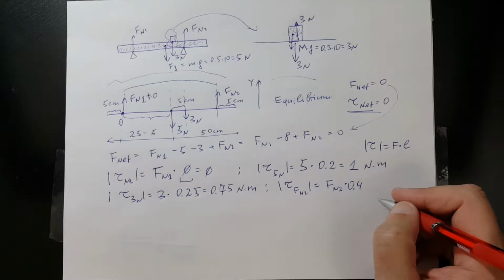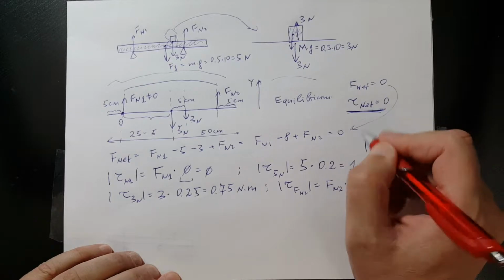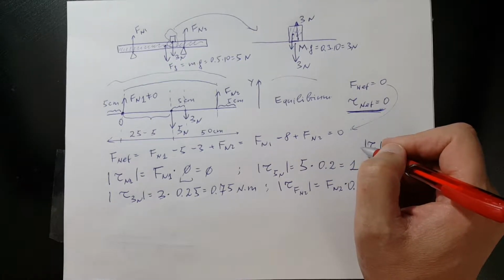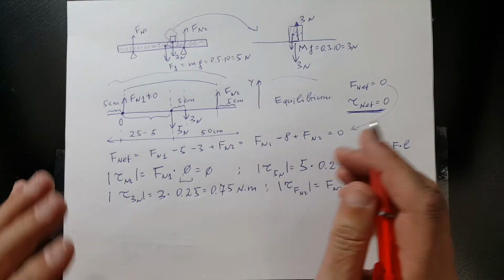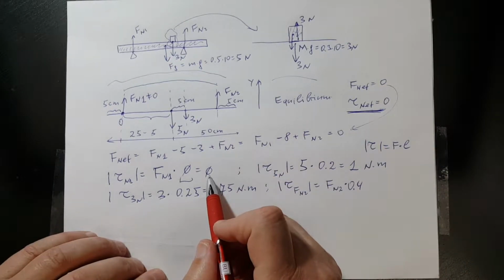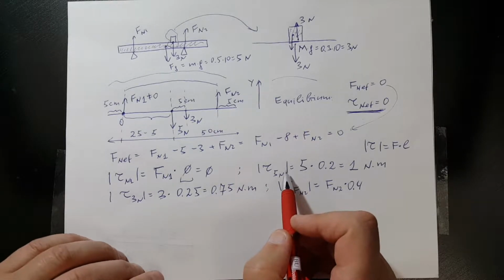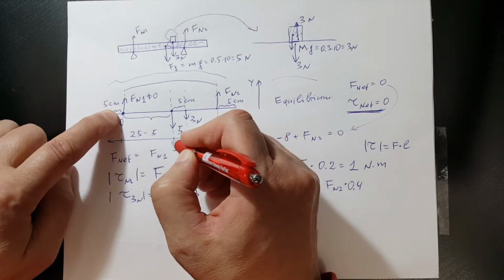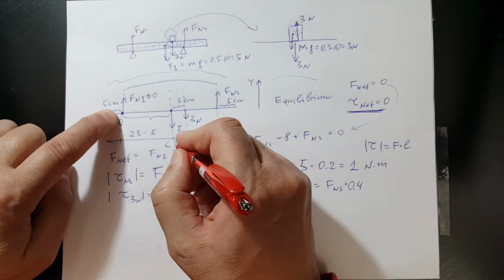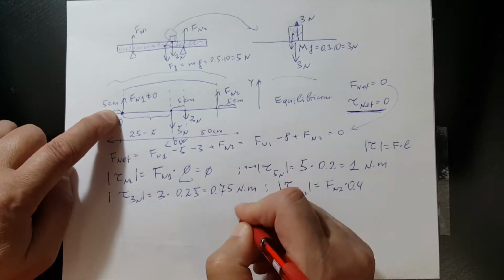Before using this equation, we have to make a statement about each torque. Is it positive or negative? If it's zero, well, that's zero. But the next one, positive or negative? Well, that depends. Relative to this axis, it tries to move it clockwise, which makes it negative.